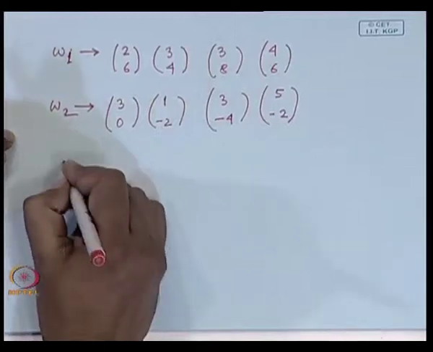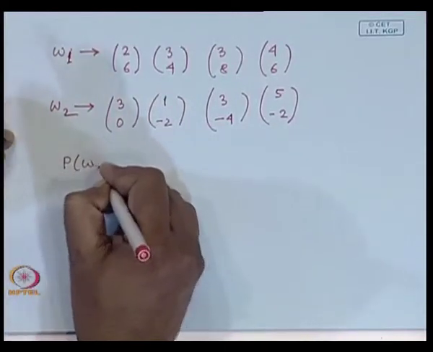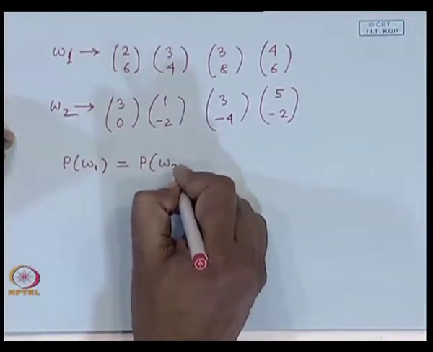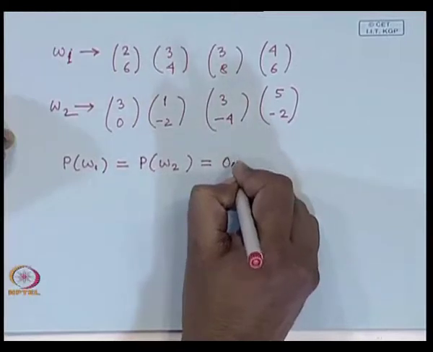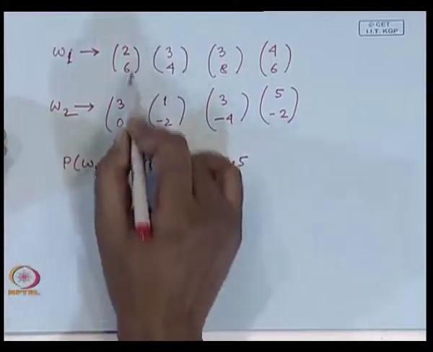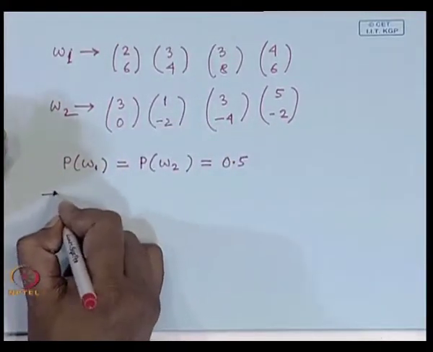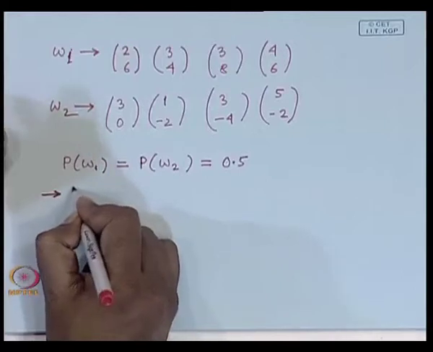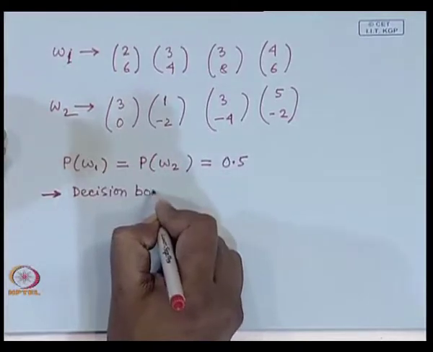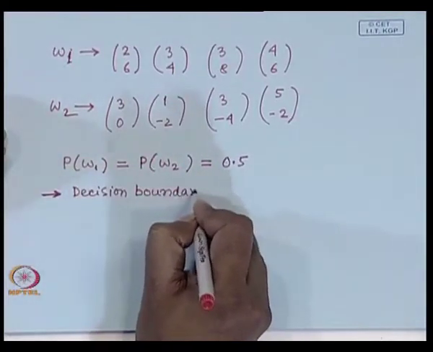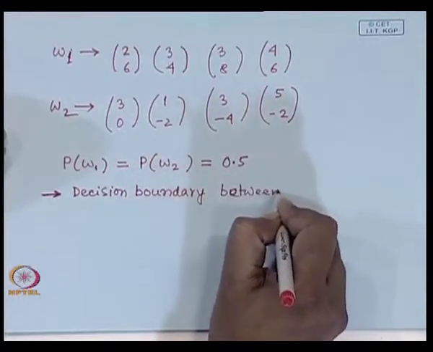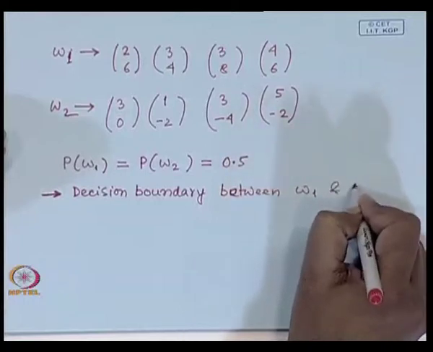It is also said that the a priori probabilities are P of omega 1 equal to P of omega 2, and naturally this is equal to 0.5. So, what we have to do is find the decision boundary between class omega 1 and class omega 2.